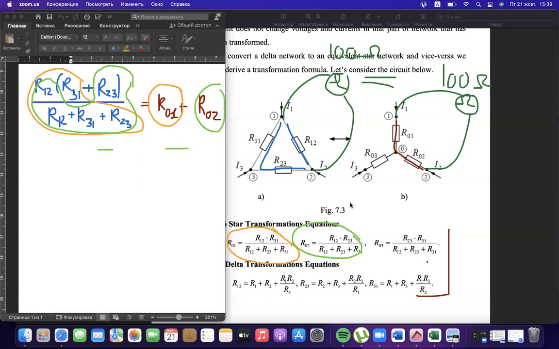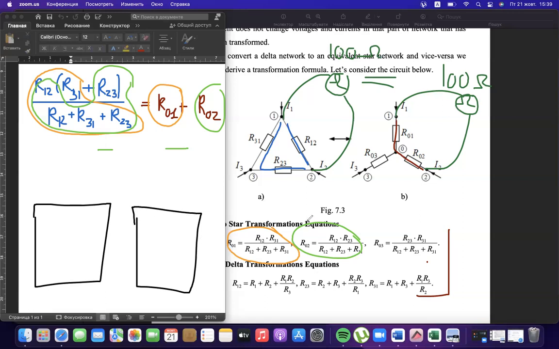Because it is the idea of equality. You are taking two equivalent circles. Inside one circle, you should have a triangle.